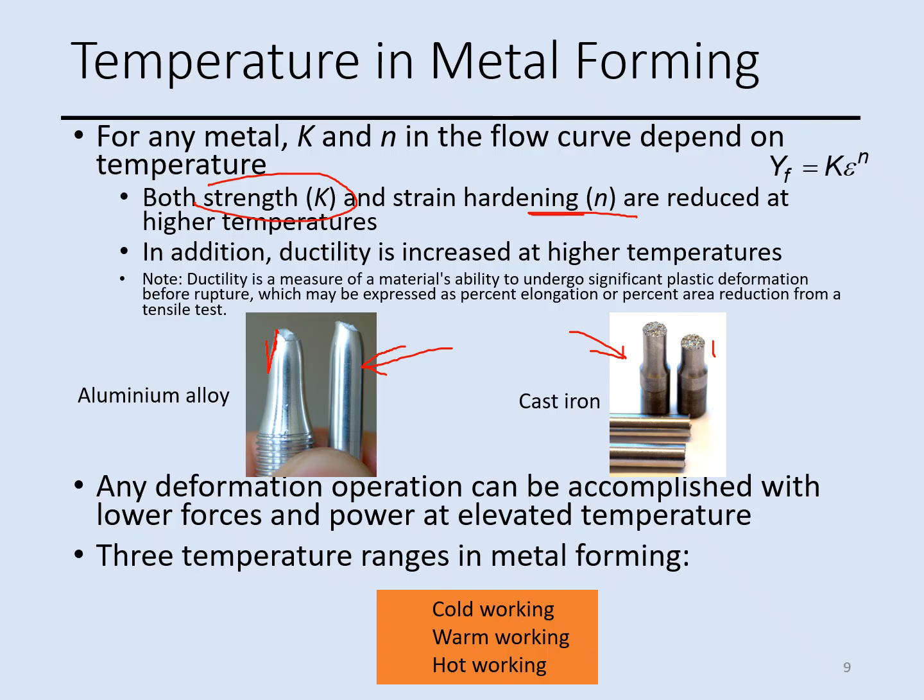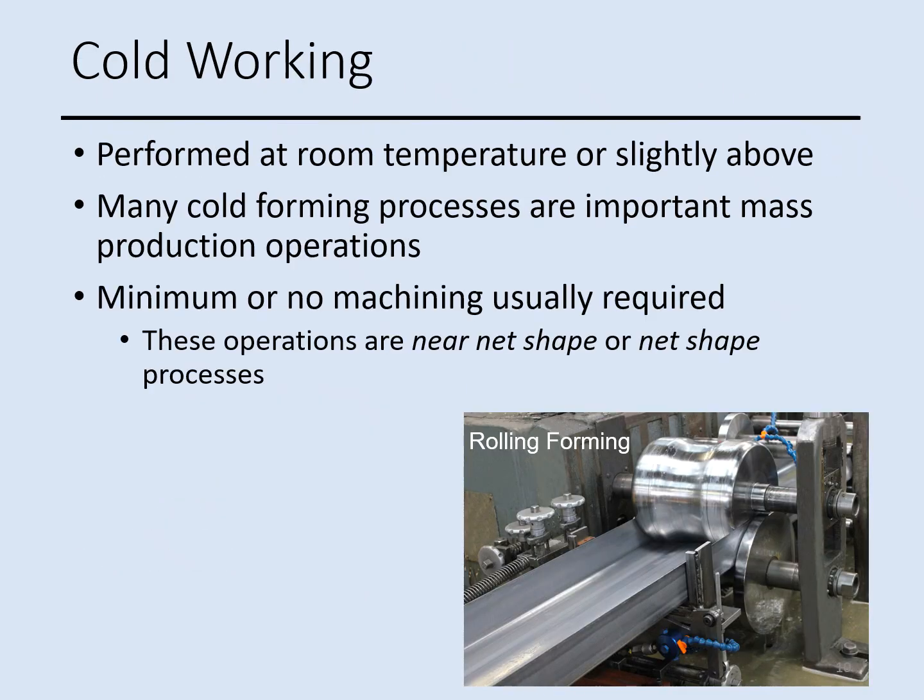Based on the temperature, we have three processes: cold working, warm working, and hot working. Cold working can be performed at room temperature or slightly above room temperature, and many of the cold forming processes are important for mass production operations.